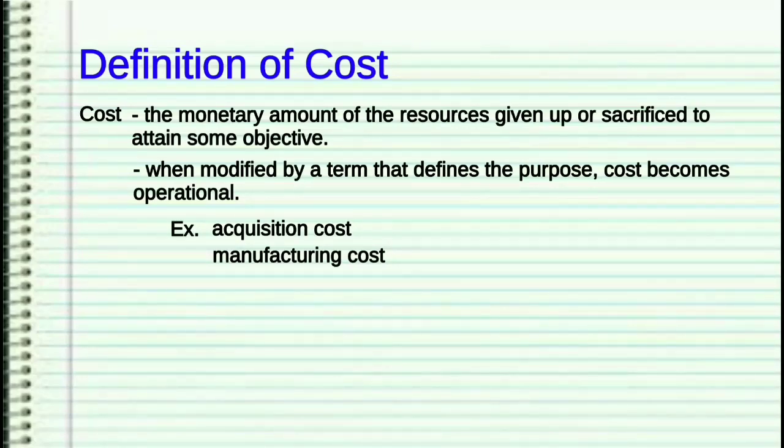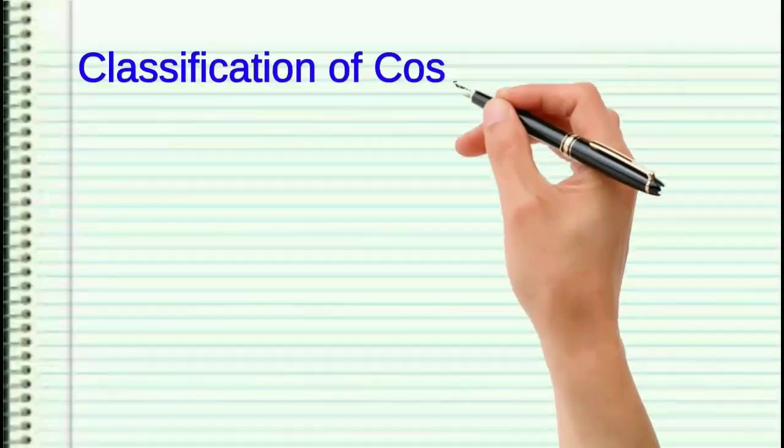In general, ang tawag doon ay cost, pero specifically, ang tawag doon ay production cost or manufacturing cost. So that is the meaning of the second statement. When modified by a term that defines the purpose, cost becomes operational. Next, let's proceed to the classification of costs.